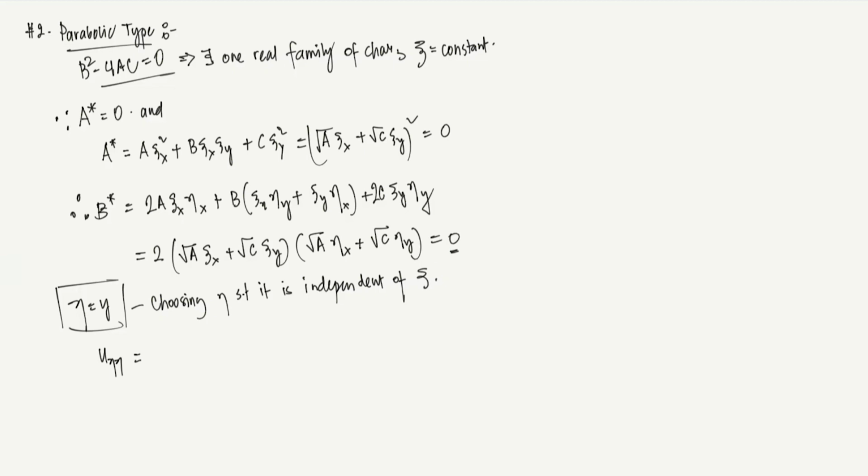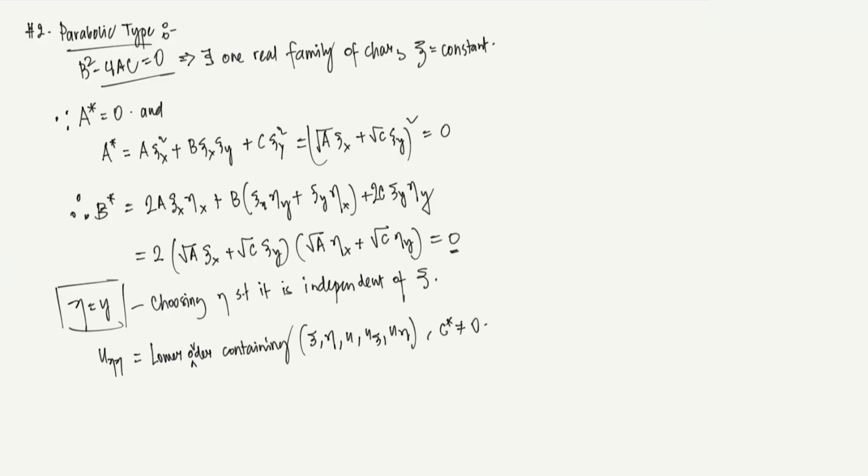If a star and b star are 0, you have only the c star part. So if you divide the equation by c star, it becomes u eta eta equals to some lower order terms containing xi, eta, u xi and u eta. And c star is non-zero. Is it okay?